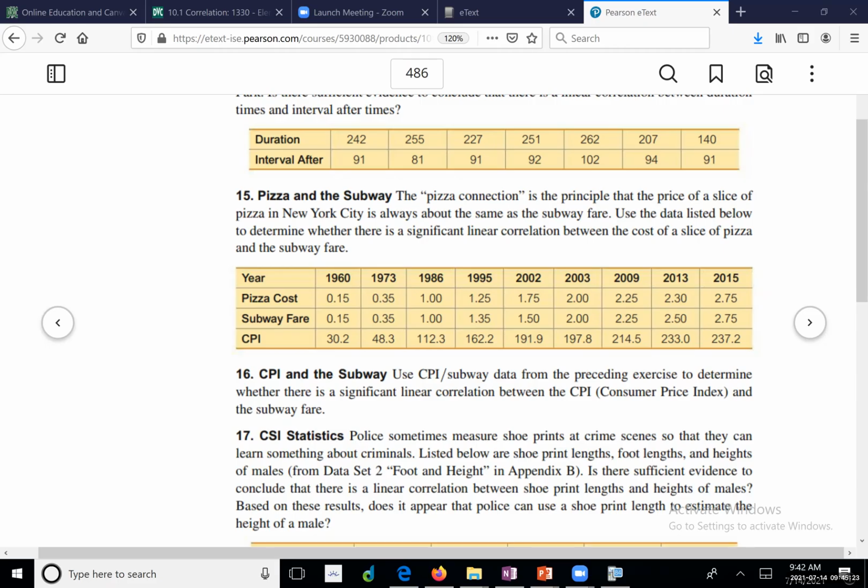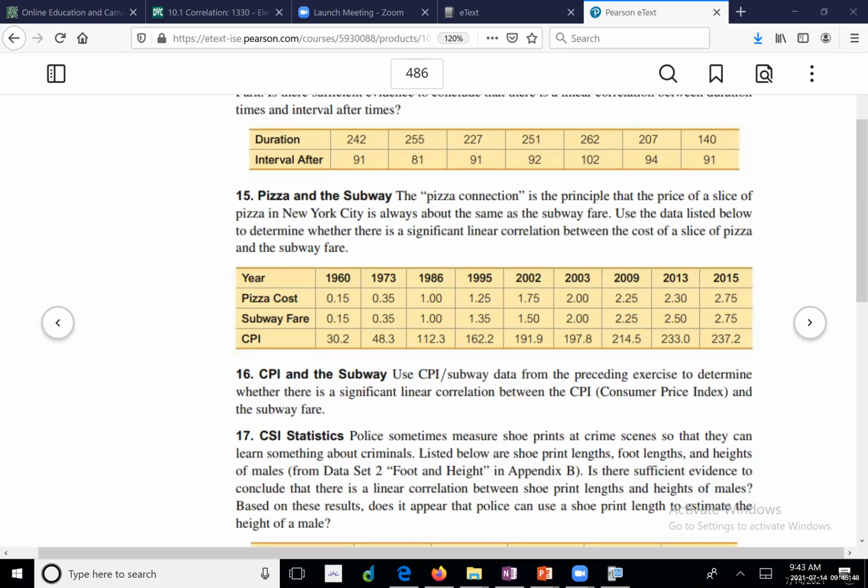I can read. Okay, please go ahead. Pizza and Subway. The pizza connection is the principle that the price of a slice of pizza in New York City is always about the same as the subway fare. Use the data listed below to determine whether there is a significant linear correlation between the cost of a slice of pizza and the subway fare.